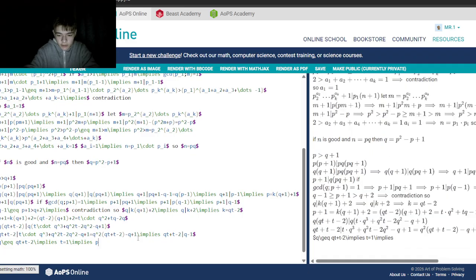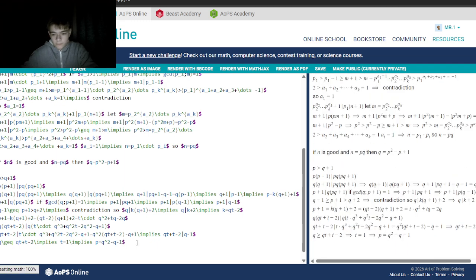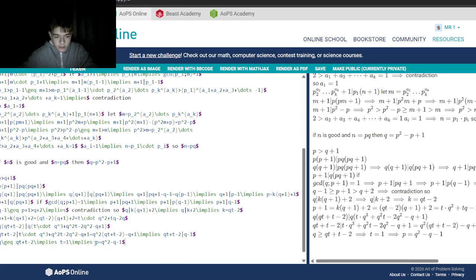Actually we don't need k, we need only p, so p is equal to q squared plus q minus q, which is minus q, and this is equal to p plus 1, so p is equal to minus 1, and we get exactly the same thing that we wanted.